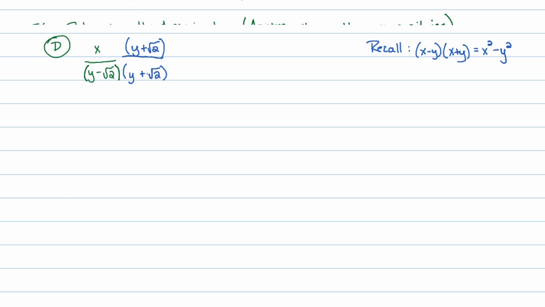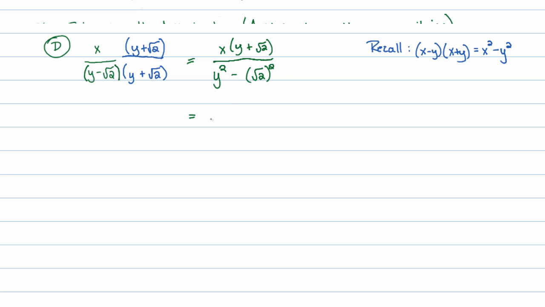In this case, it's y minus root 2 times y plus root 2, so this should turn into y squared minus the square root of 2 squared. Notice what happens when you square the square root of 2. The radical disappears. The numerator I'm just going to write as x times the quantity y plus the square root of 2 for now.